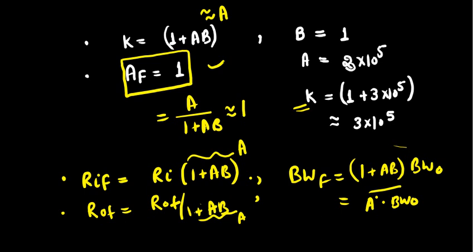So 1 plus AB will become almost equal to A. That is why it is called a special case of your non-inverting amplifier. And one such application we have briefly explained, maybe not in full detail, but you can see that book, Sedra Smith, for details, right? Why do you need something in between two circuits, right?